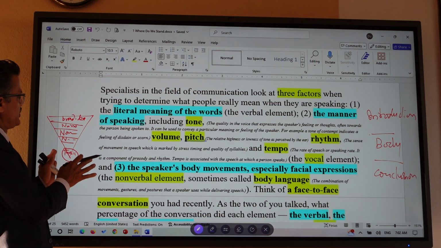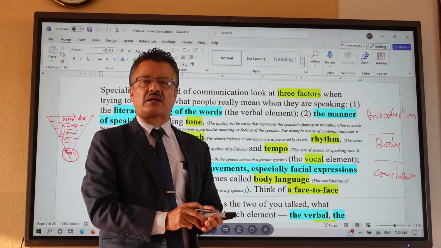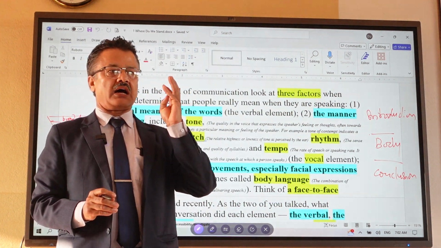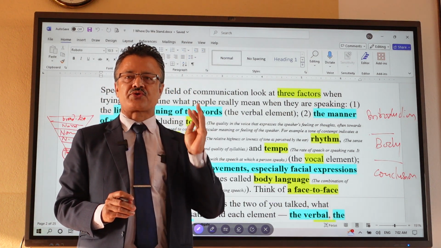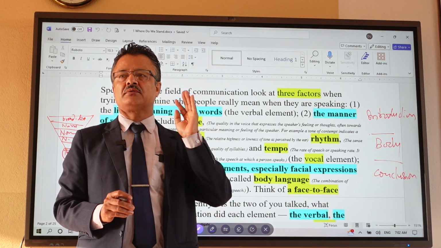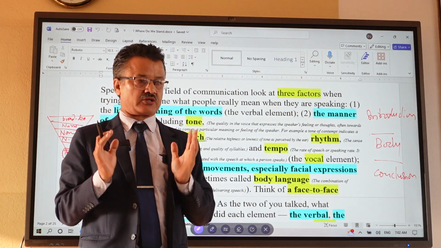Now I will show that to you, this structure. This essay has 18 paragraphs in total. And if you see paragraph 1, paragraph 2, paragraph 3 and paragraph 4, they function as part of the introduction.